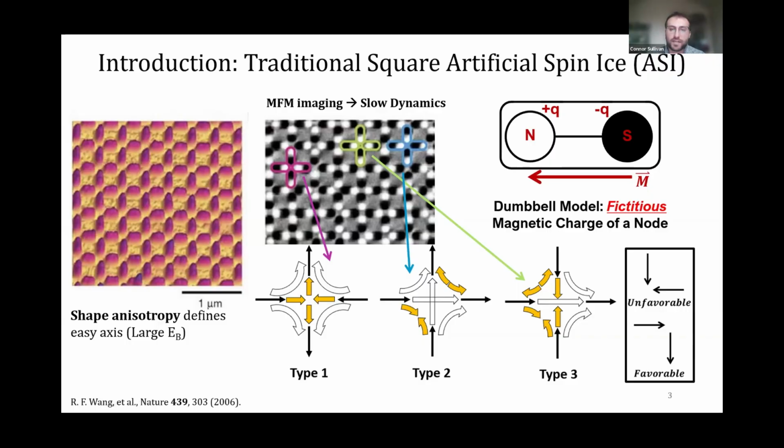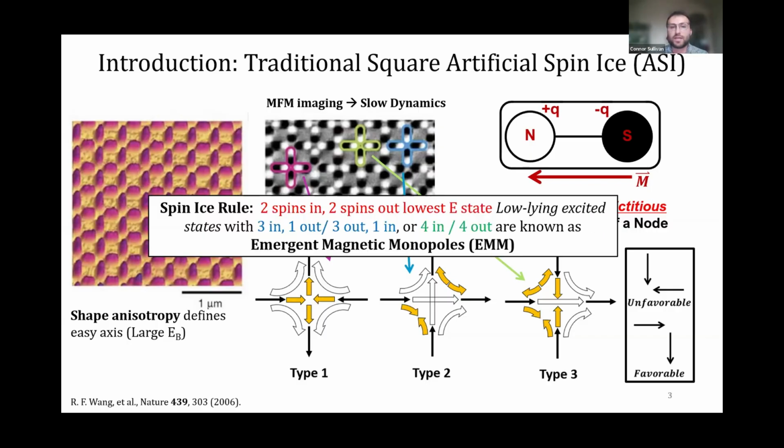It's absolutely fake, but the idea is that one can take one of these nodes, identified here as pink, green, or blue, and it can have a charge of 0 or non-zero. When you have a charge of 0, you follow the spin ice rule: 2 spins out or 2 spins in. When not, then you have what they call an emergent magnetic monopole. In any case, it's just an excitation, a magnetic defect, or a magnetic excitation.